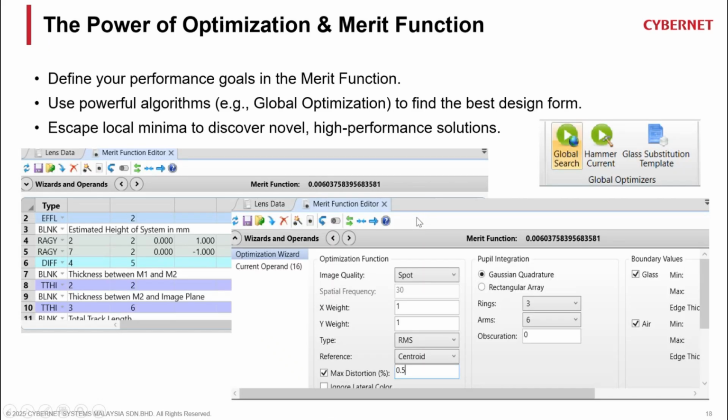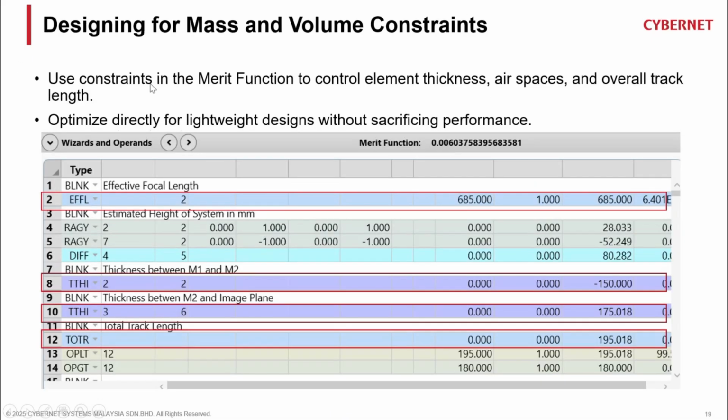Under the material column, if we check the glass substitution setting, then when doing Hammer or global search optimization, the optimizer will also help to change the material. It will find a suitable material for the lens for better image quality. Here are some of the constraints we just mentioned.